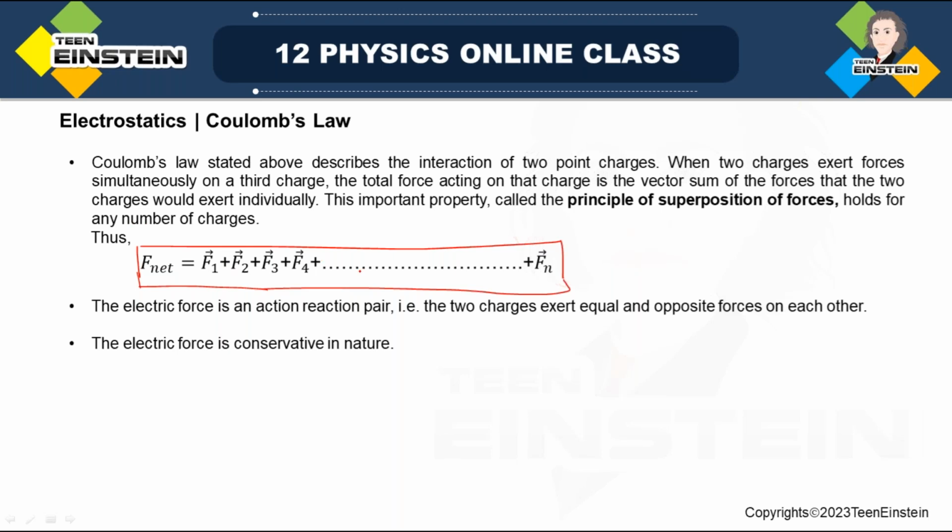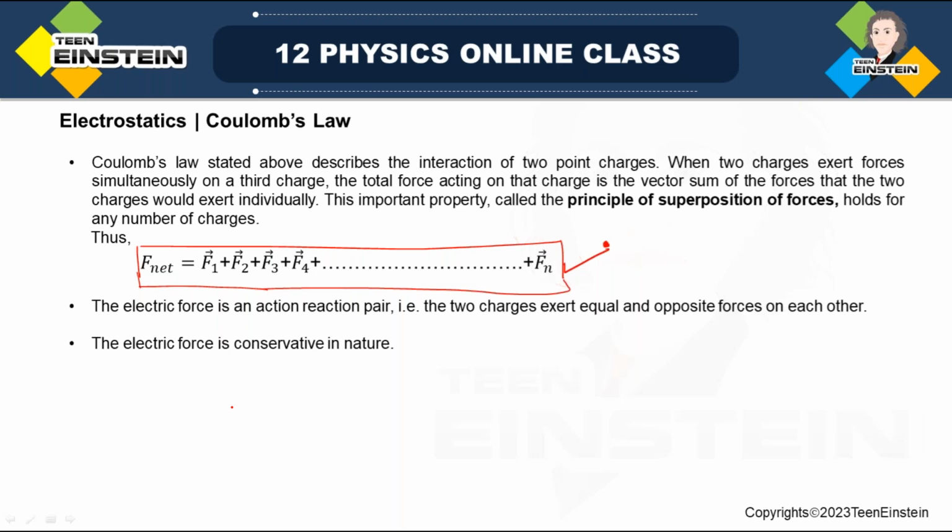You take the reference charge on which the force is acting, calculate the forces on that particular charge due to each individual charge, and after finding the individual forces, you sum them up. Since force is a vector quantity, you have to take the vector sum. So this is the principle of superposition.